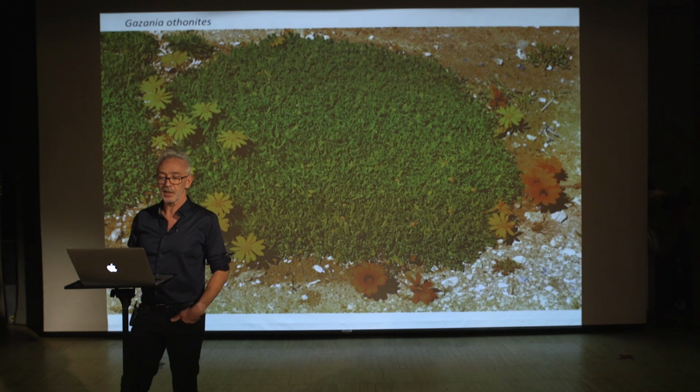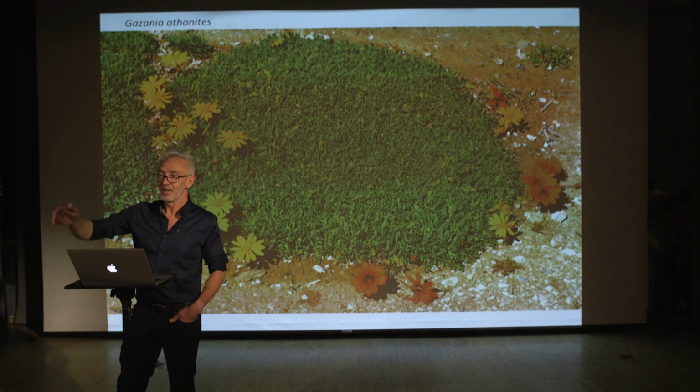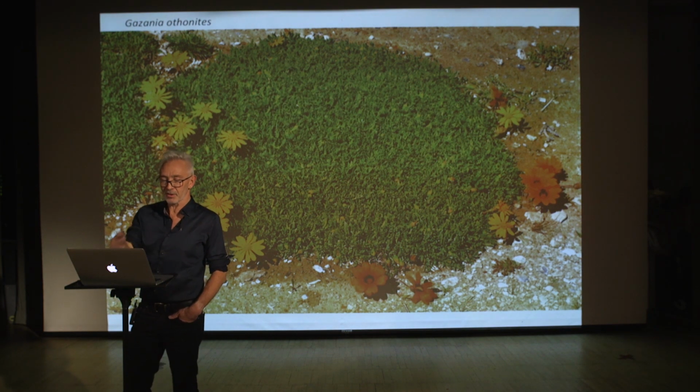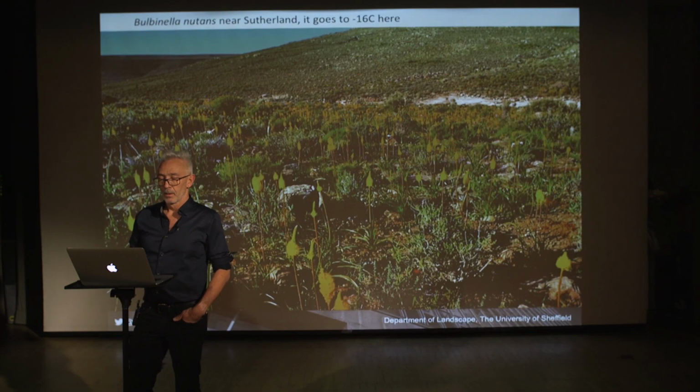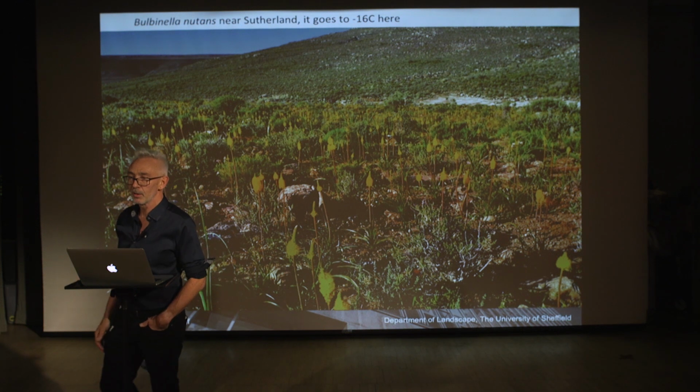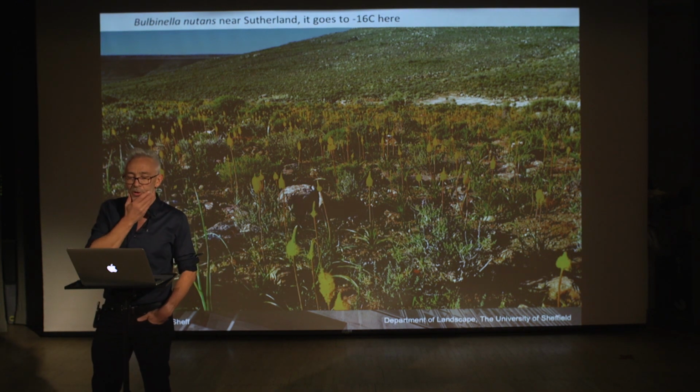And I put this in for Panayoti again. This is Gazania othonites on saline seeps in some of the plateau areas in South Africa. So seeing these things, what an extraordinary plant. Bulbinella latifolia. In Western Europe, we think bulbinellas melt at -1. But this valley here, we know how cold it is.